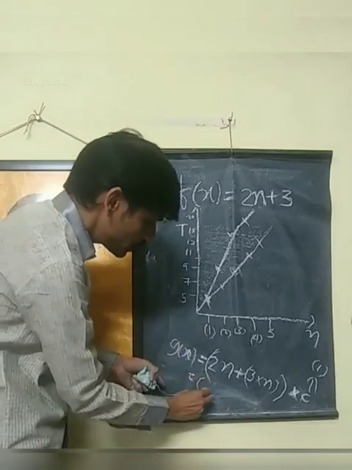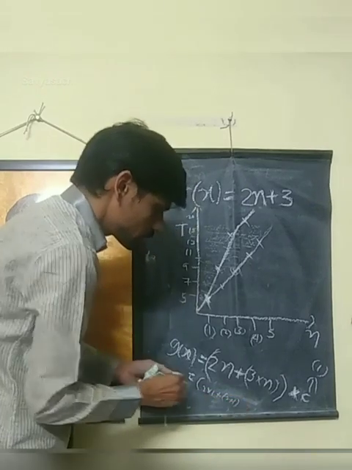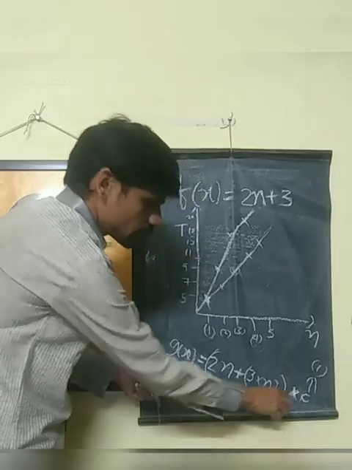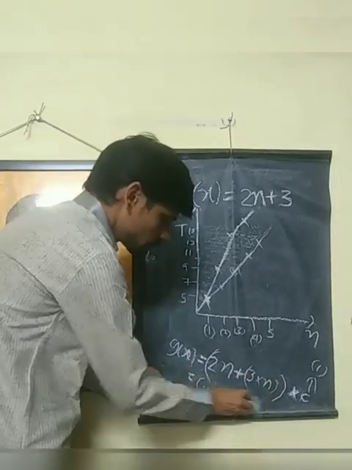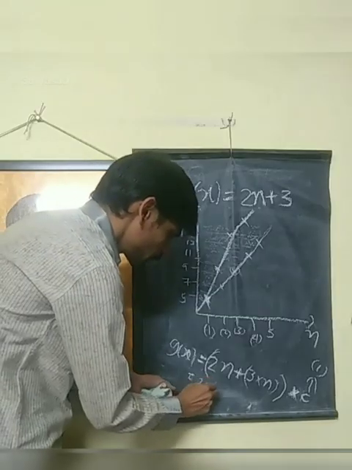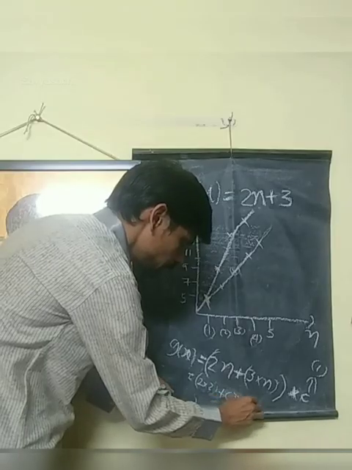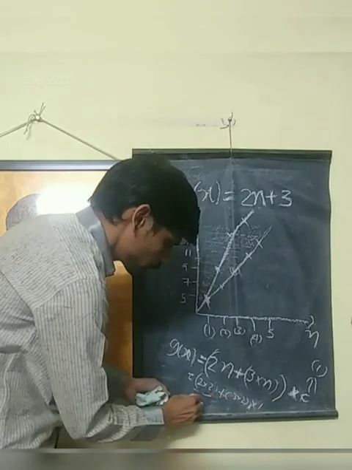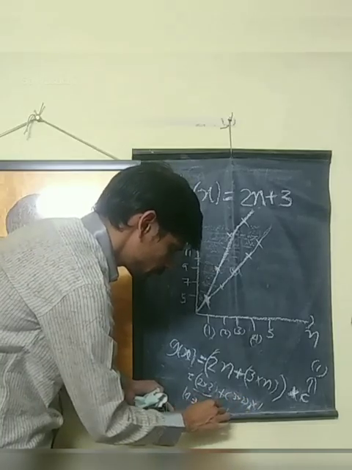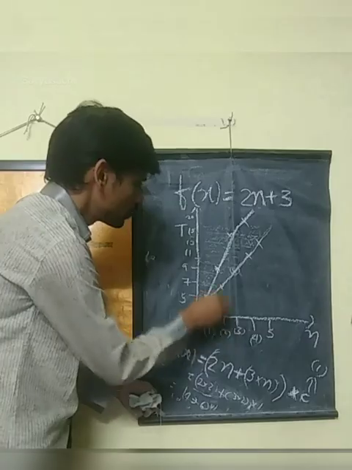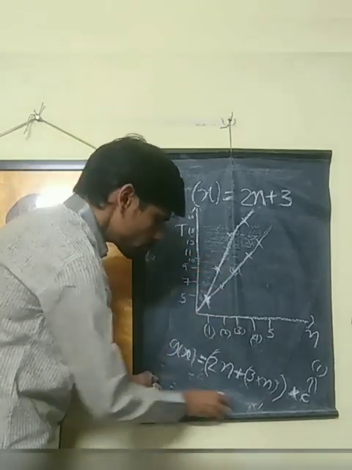If I pass 1 here, 2 multiplied by 1, 3 multiplied by 1, and 1 multiplied by c, 1. So I get 5 only. If I pass 2 here, 2 multiplied by 2 plus 3 multiplied by 2, and 1. What is my output? 4 plus 6 multiplied by 1. So I got the value 10 only, right?